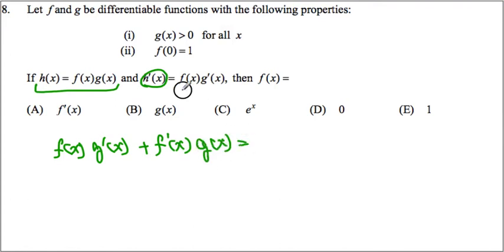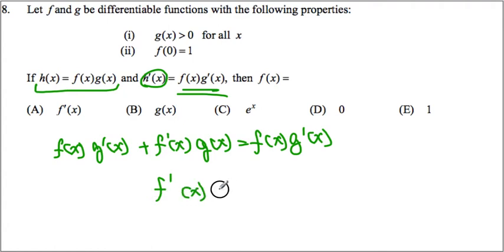But that has to be equal to this expression, which is f of x times g prime of x. Then you will realize that this one is in fact identical to this one, so by subtracting those two, we realize f prime of x times g of x must be equal to 0.